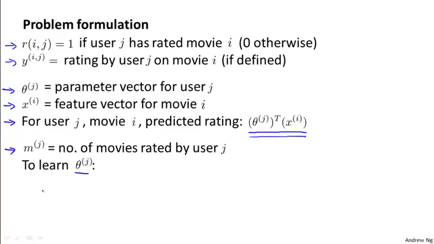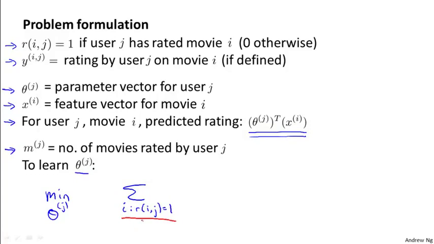In order to learn the parameter vector theta j, let's minimize over theta j a sum, and I want to sum over all movies that user j has rated. So we write this as the sum over all values of i such that Rij equals 1. The way to read this summation index is, this is summation over all the values of i so that Rij is equal to 1.